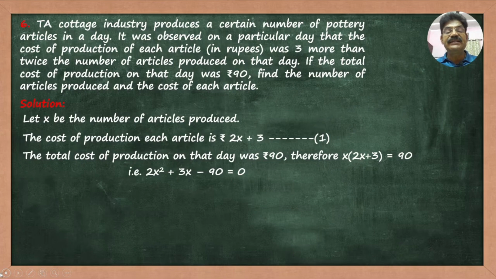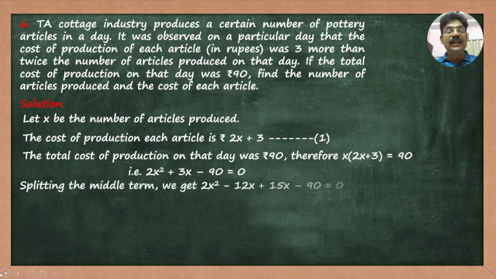Here you have to factorize 2x square plus 3x minus 90. So you have to split the middle term. Here the middle term is 3x. So you have to find two numbers so that the sum is 3 and the product is minus 180. So splitting the middle term, we get 2x square minus 12x plus 15x minus 90 is equal to 0. So you have to guess minus 12 and 15. 12 and 15 are factors of 180.